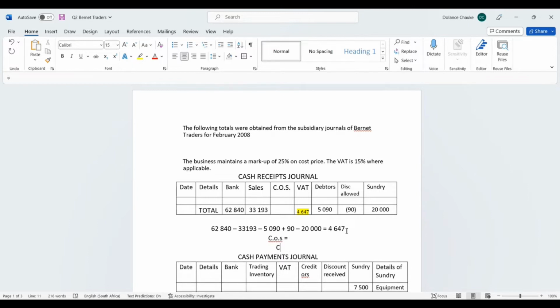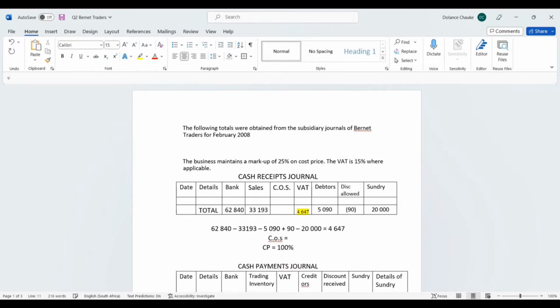Cost price is equal to 100%. And then markup is given there, it's equal to 25%.